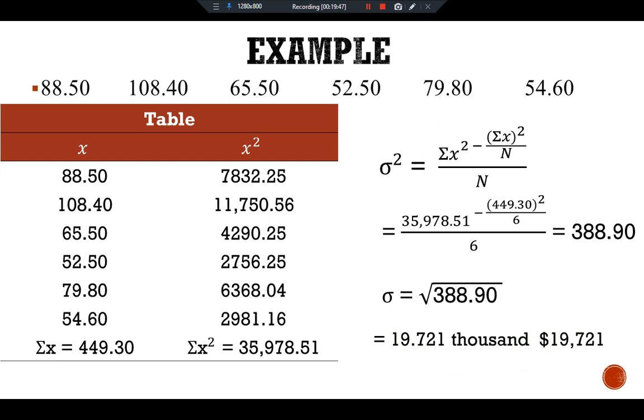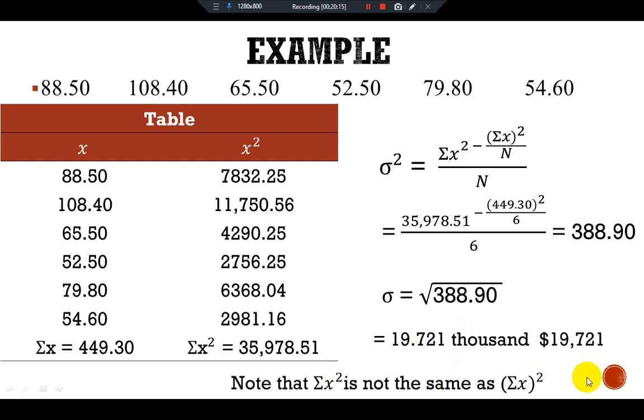Thus the standard deviation of the earnings of 6 employees of a small company during 2008 is 19,721.